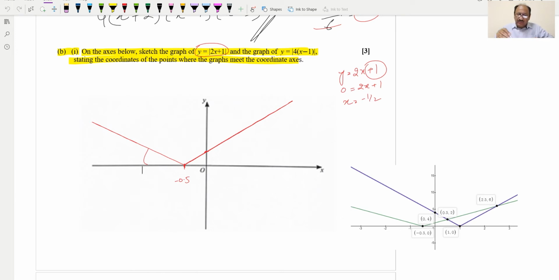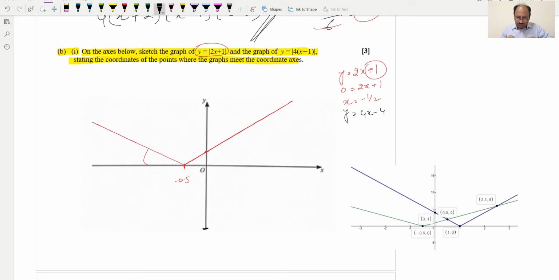Now the second equation is what? The second equation is y equal to 4x minus 4, so the y-intercept is minus 4, so we can take minus 4 up to this point.